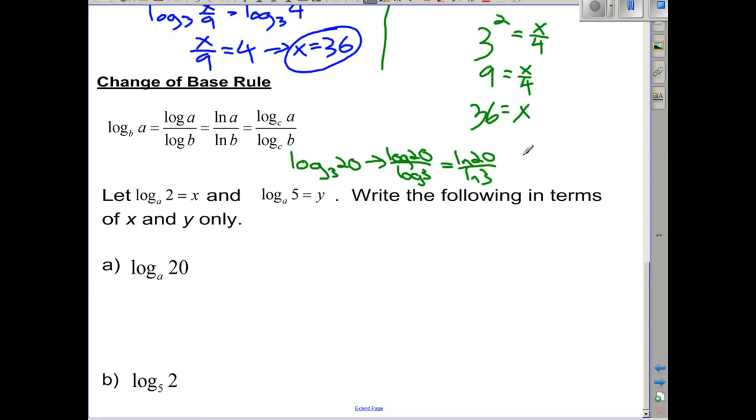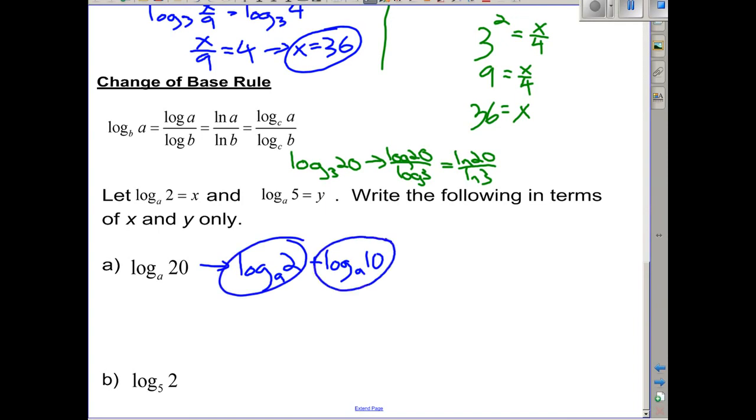Let's think about log base a of 20. We can split it apart. 20 is 2 times 10, or 4 times 5. I'm going to go with the 2 times 10. So I could split it this way. That's going to be useful to me because this part right here is an x, but this part right here doesn't help me at all.